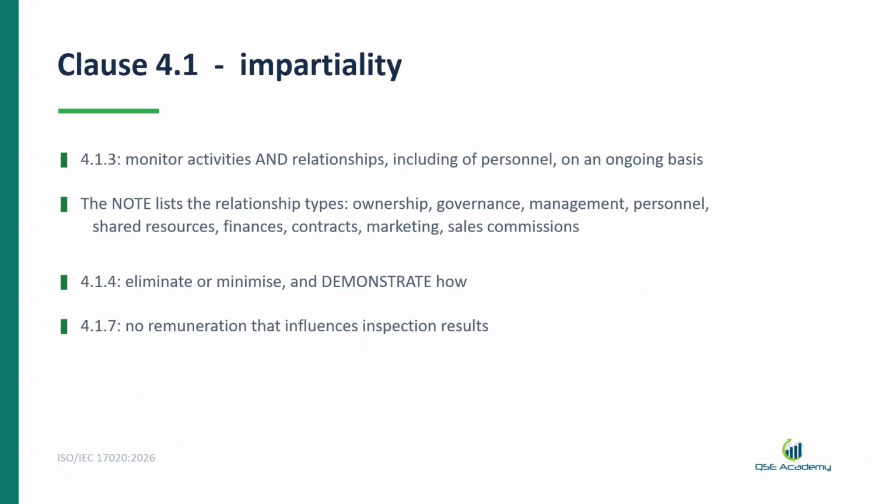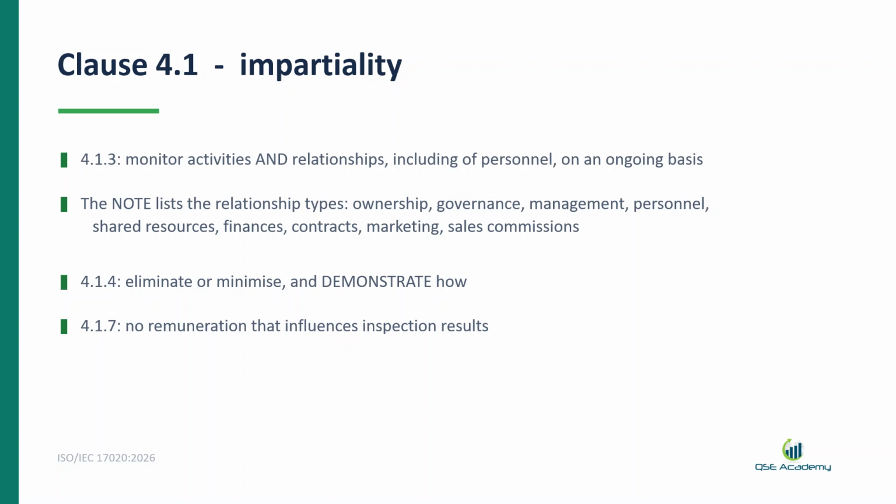Clause 4.1, impartiality. 7 short requirements, and 2 of them do the real work. 4.1.3 says you shall monitor your activities and your relationships to identify threats to impartiality on an ongoing basis, and that this monitoring shall include the relationships of your personnel.